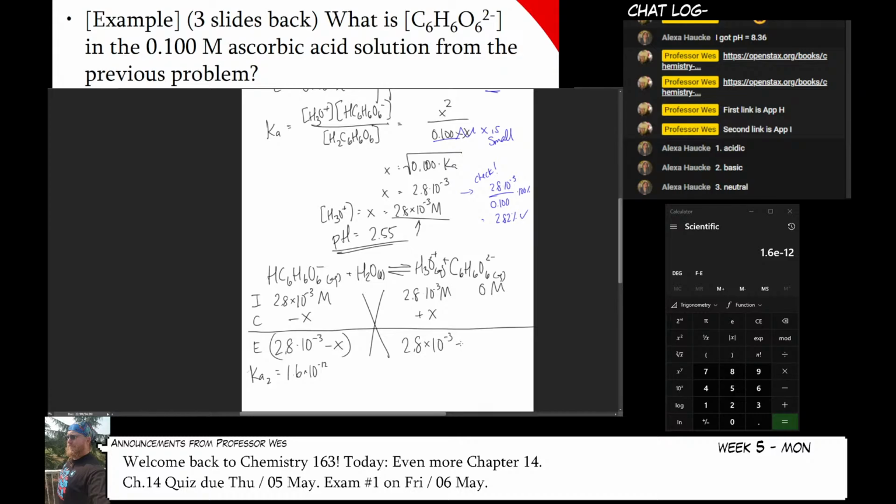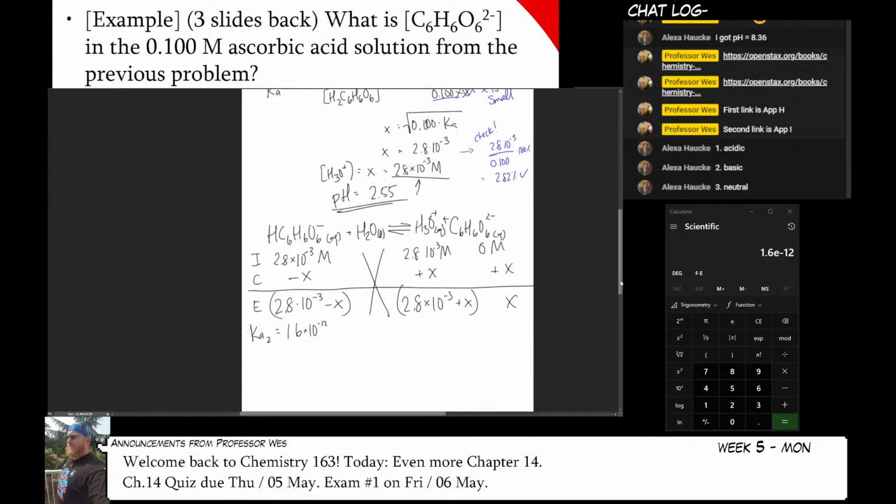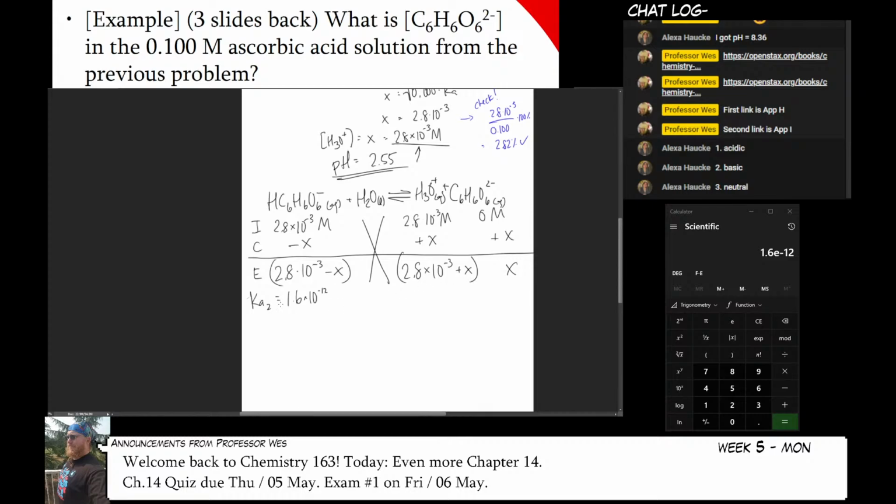And you're probably already saying, well, I'm going to have to use a solver for this one, aren't I? And the answer to that is, of course, yes, when you're working with very tiny numbers. But Ka2 is extremely small. So, you know what? Let's chance it. Let's not use the solver just yet.